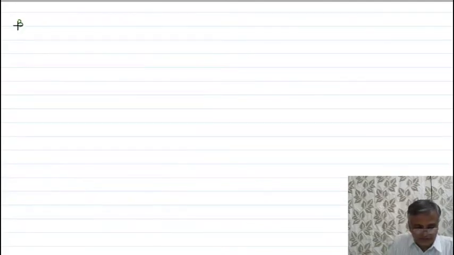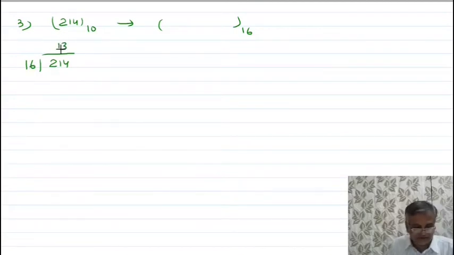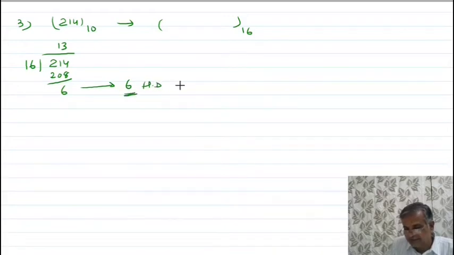So third numerical, someone says, sir, let us convert 214 in decimal into hexadecimal. Again the same method, 214 is divided by 16. 16 multiplied by 13, you will get 208. Remainder is 6. In hexadecimal number, it is written as 6.